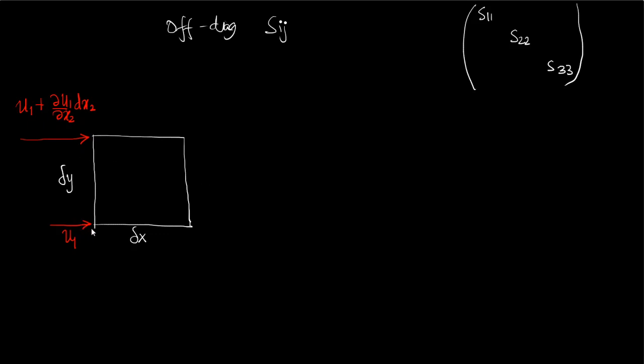So if this is the velocity at this point, then obviously the velocity at this point we can cast as a Taylor series keeping x constant, and hence we will only have the y gradient over here.